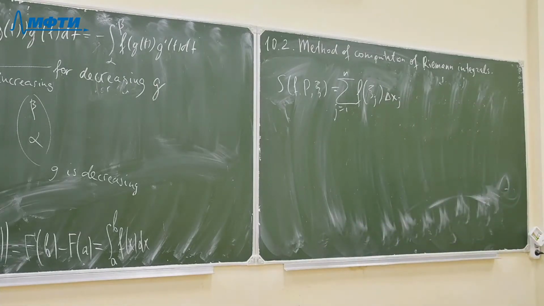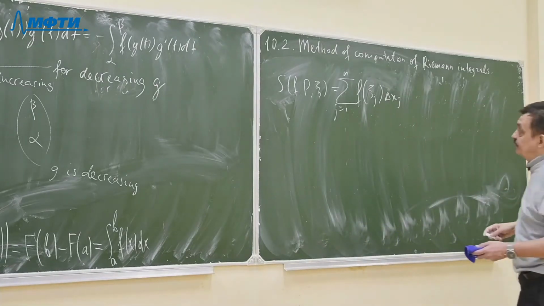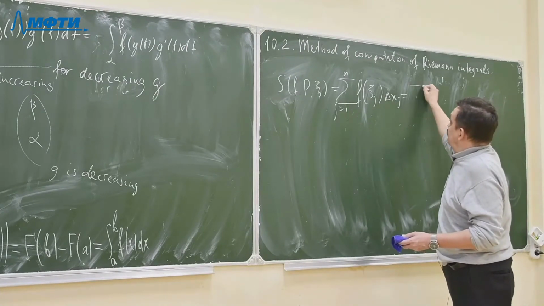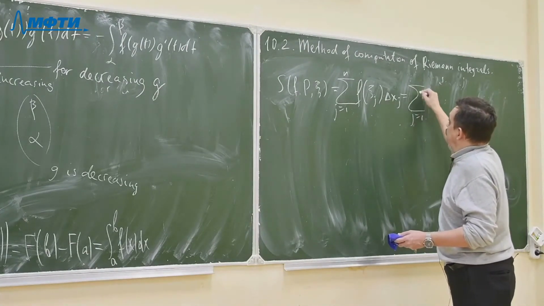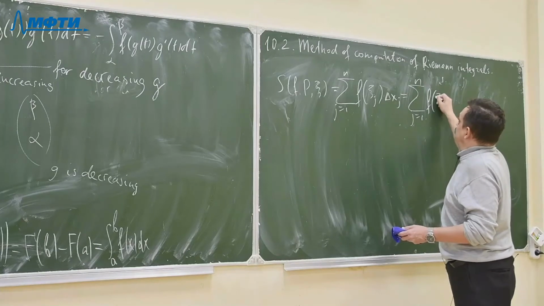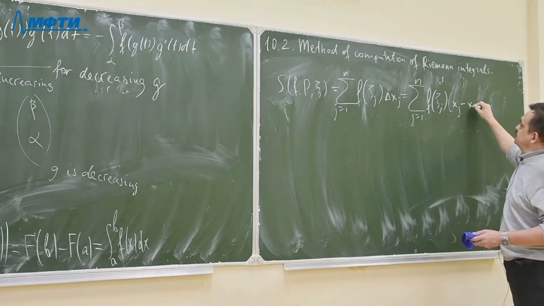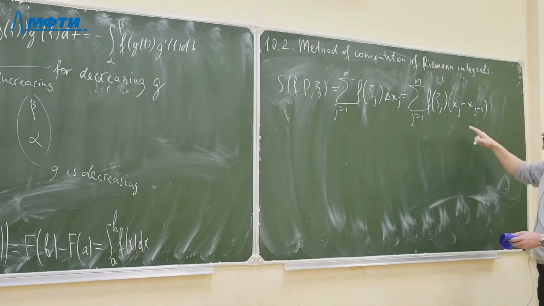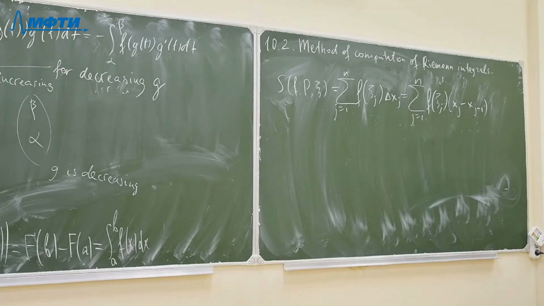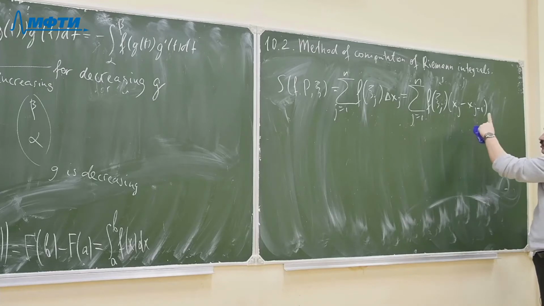And then, for example, what are delta xj? Xj minus xj minus 1, and in principle we can apply here the Lagrange mean value theorem if we suppose g is strictly increasing.